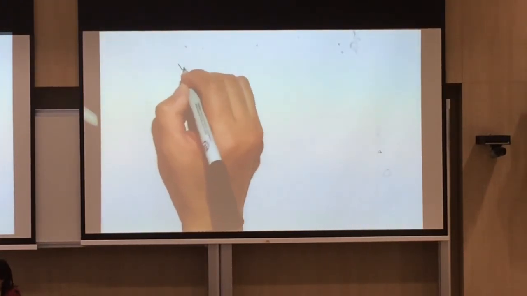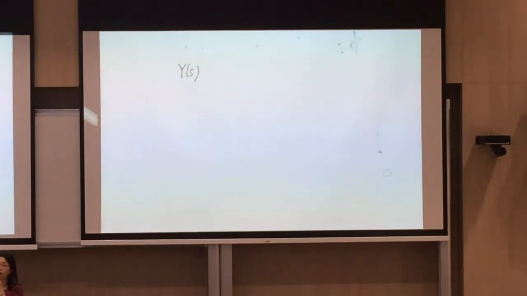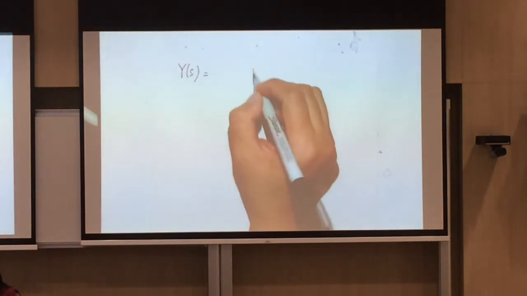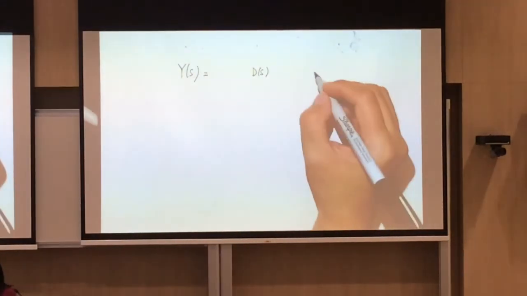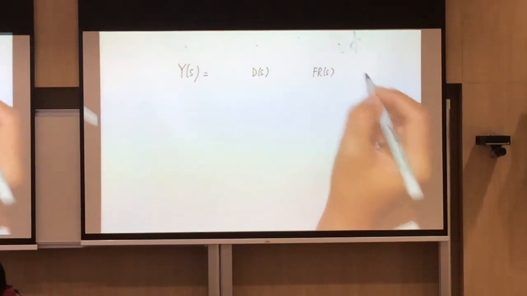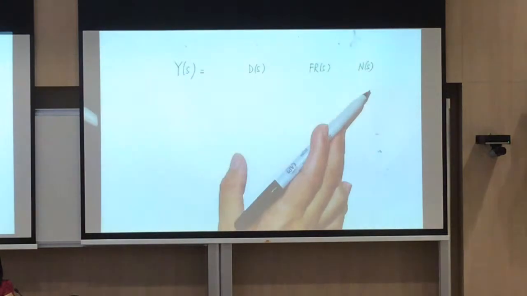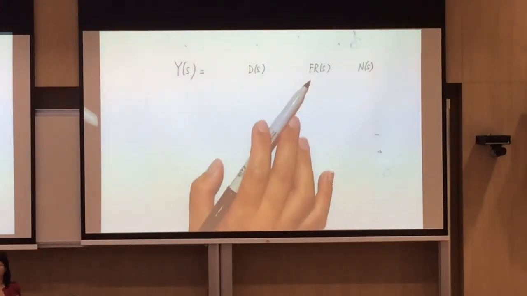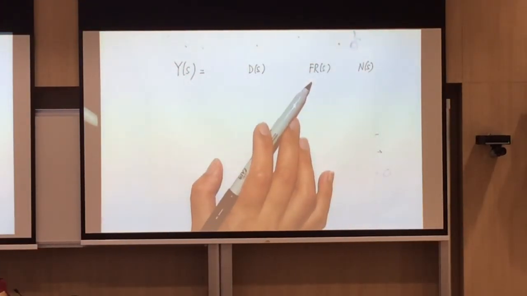Now, what have we just covered? Output Y is dependent on three inputs: the reference R, the disturbance D, and the measurement noise N. For the reference, it's very straightforward, because it's the usual transfer function.